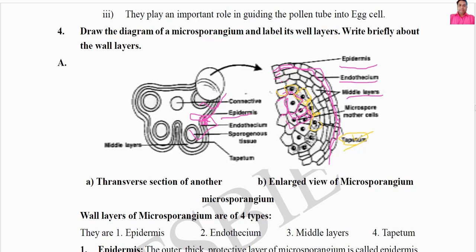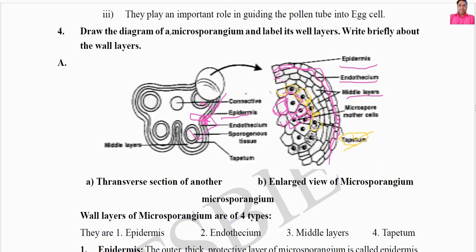They are diploid, and when they undergo meiotic division they produce the pollen grains. Each microspore mother cell gives rise to four haploid cells. These haploid cells develop directly into pollen grains. So each cell is diploid in nature, undergoes meiotic division, and produces four haploid pollen grains.